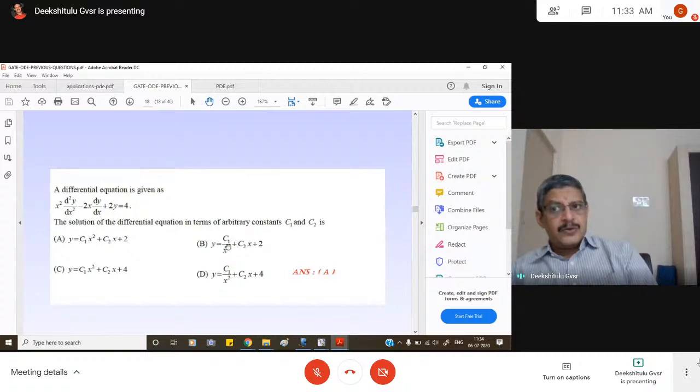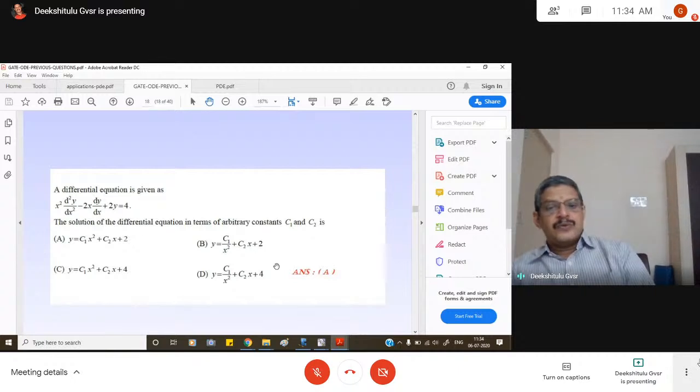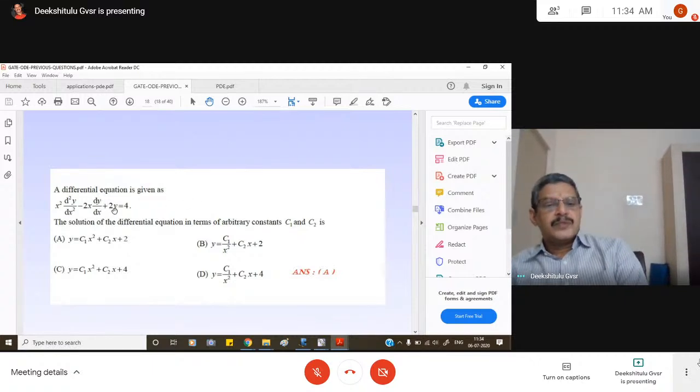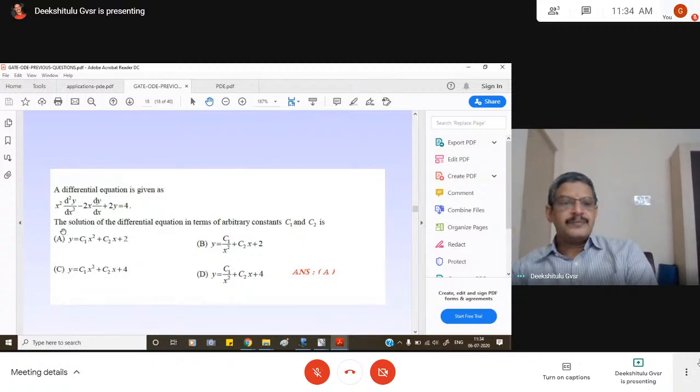The right hand side is 4. Then get the solution. At the end again you have to put t is equal to log x. So if you solve this problem, then C1, C2 you get like this. So this becomes x square d square y by dx square, d square y by dt square minus 2 into dy by dt plus 2 is equal to 4. That's how we get this.